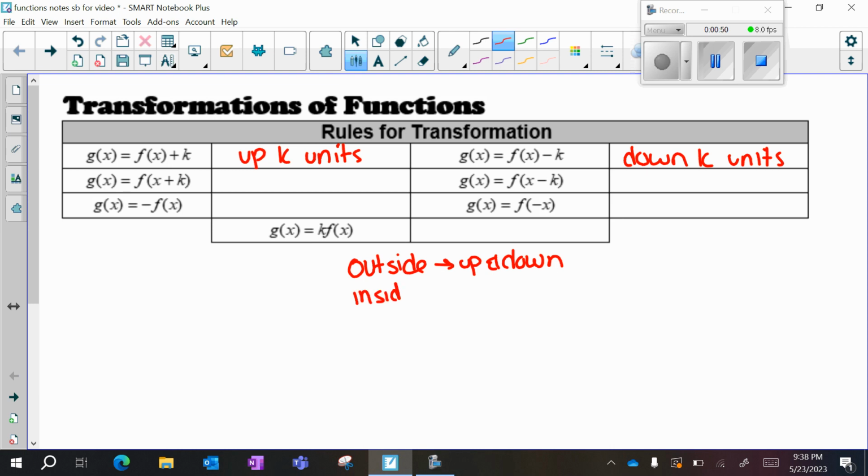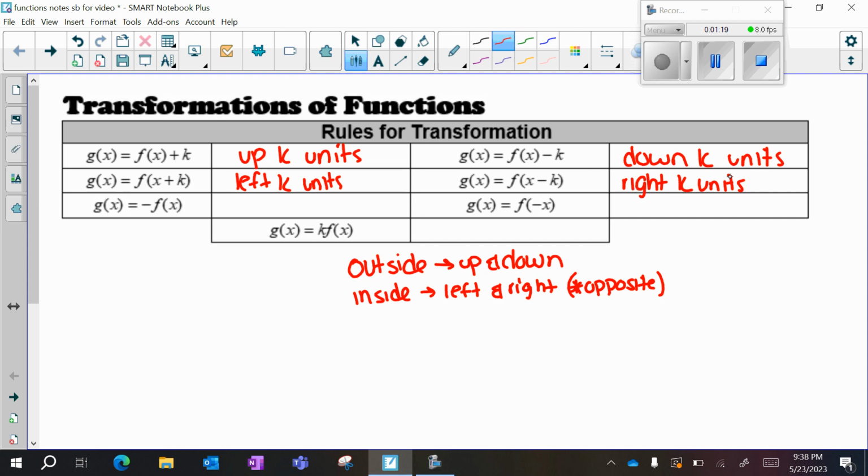Inside is left and right. So plus k on the inside, remember that inside is always opposite also. So plus k means we are moving left k units, and minus k means we are moving right k units.